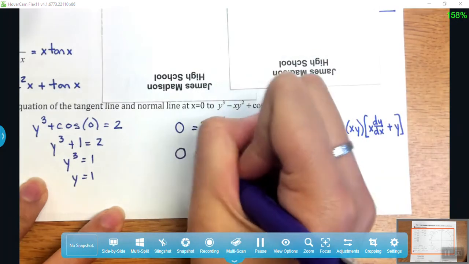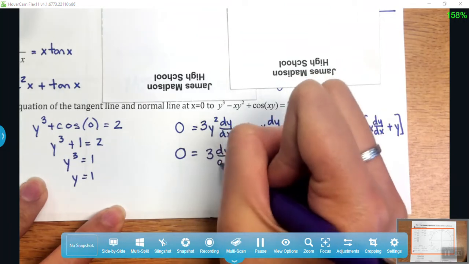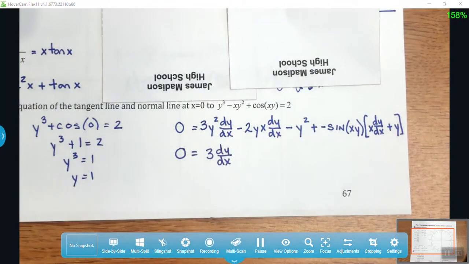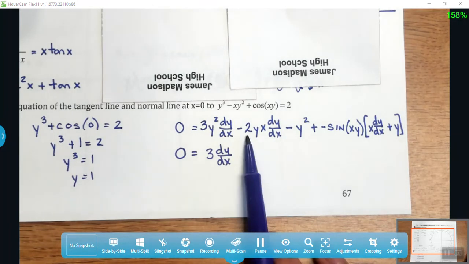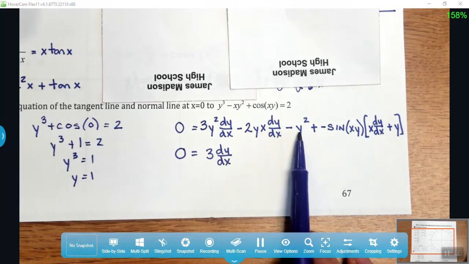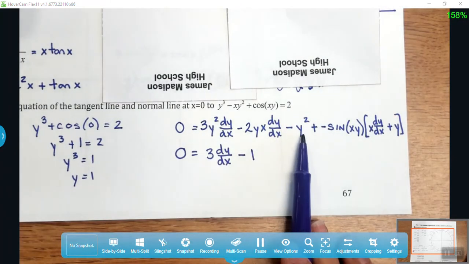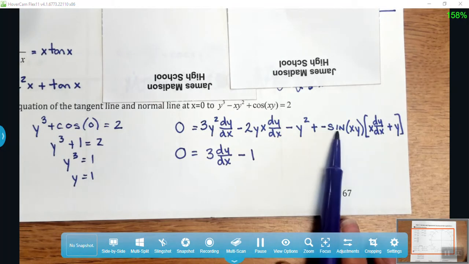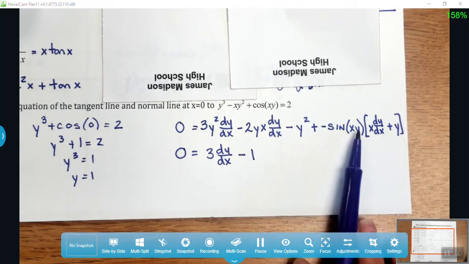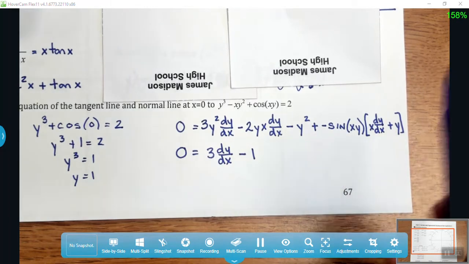So if I plug 1 in, so I have 3 dy dx here. This is 0. Then I have minus 1. And then this is 0, because sine of 0 is 0, so that whole thing cancels.